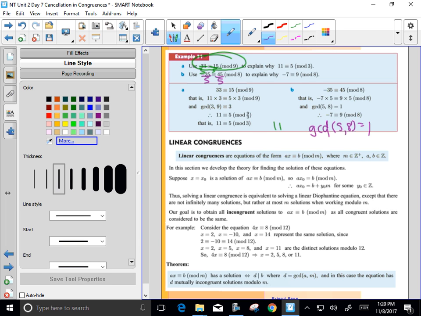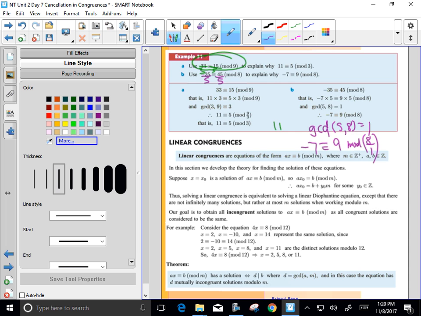You get negative 7 is congruent to 9 mod 8 over 1, which is 8. Let's add 8 to this: negative 7 plus 8 is 1. Is 1 minus 9 divisible by 8? Or add 16 to this: 16 minus 7 is 9. 9 is congruent to 9 mod 8. So now it works out, but you don't divide that.